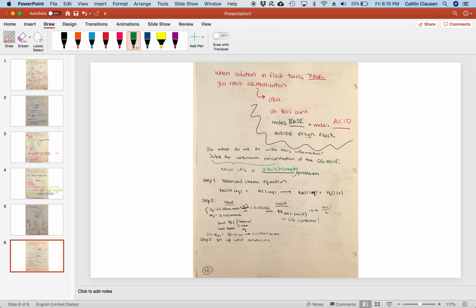We know the molar coefficient conversions from our balanced chemical equation. And so we can use all of this to find the molarity of our original acid solution. We also know the original volume of our acid solution was 50 milliliters, which I also converted to liters. So now we can set up the unit conversions. We are also remembering we're working on the assumption that moles of base equal moles of acid.